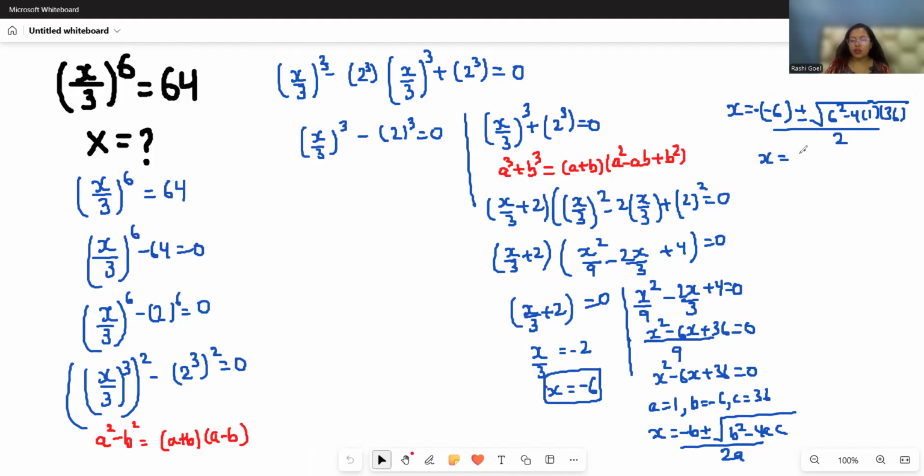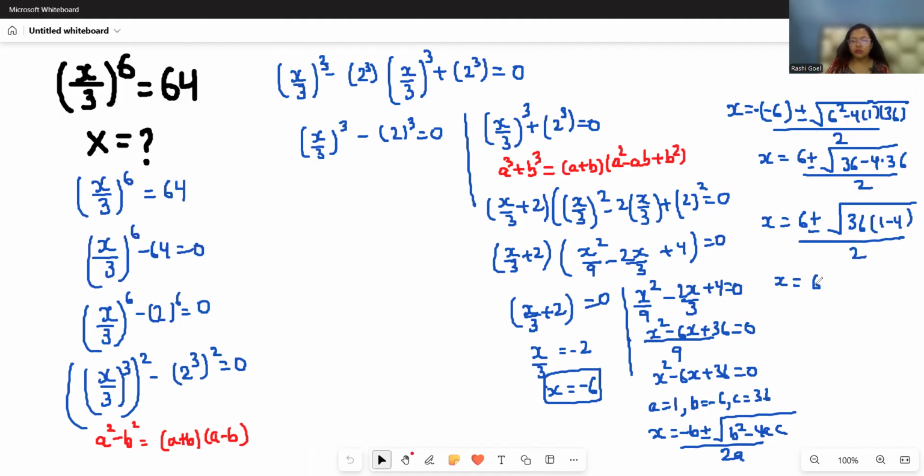So x equals 6 plus minus under root 36 - 4 times 36 by 2, which is 6 plus minus under root 36 times (1 - 4) by 2, plus minus under root 36 times minus 3 by 2.